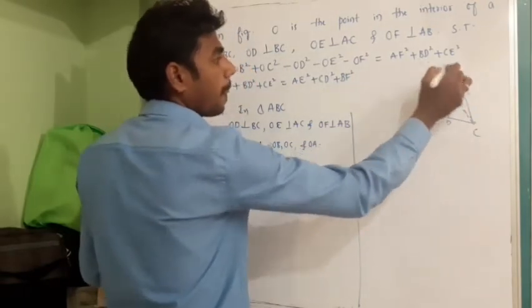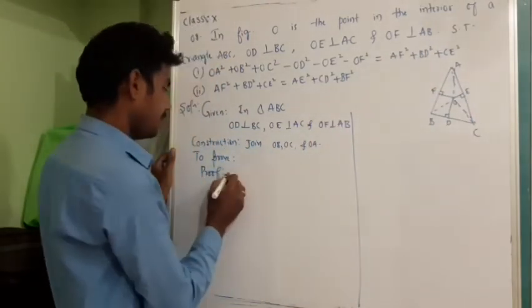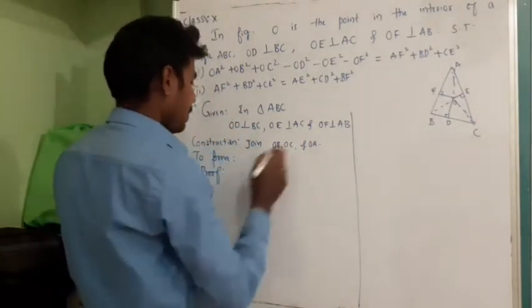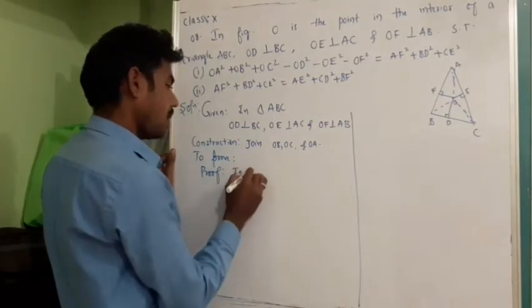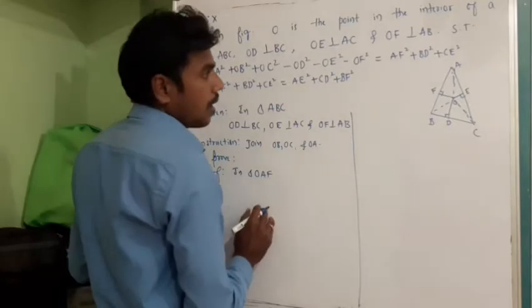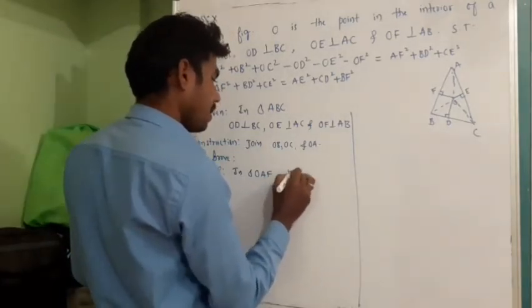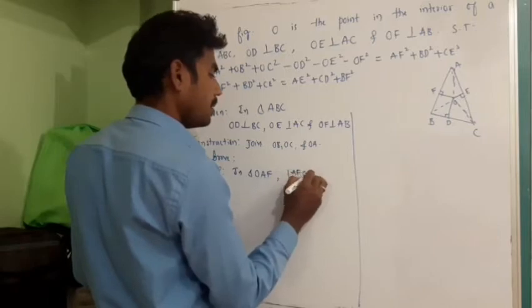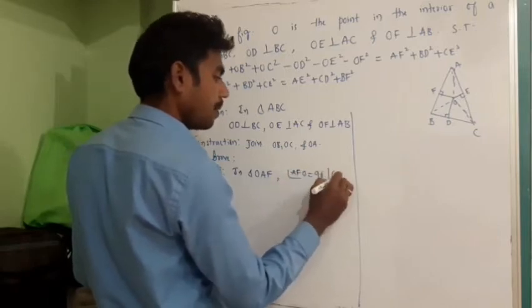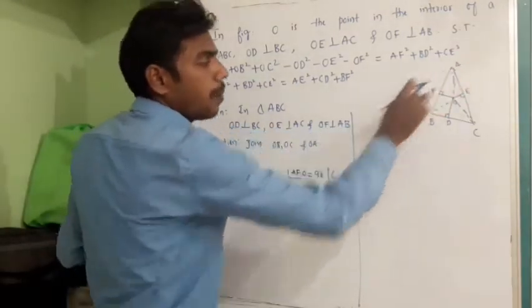Now, in triangle OAF, angle AFO is equal to 90 degrees, it is given. So for that reason, AO will be the hypotenuse.